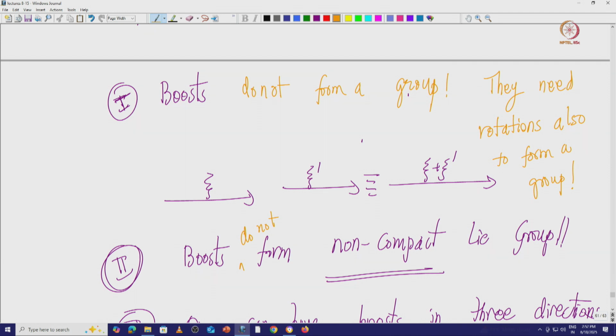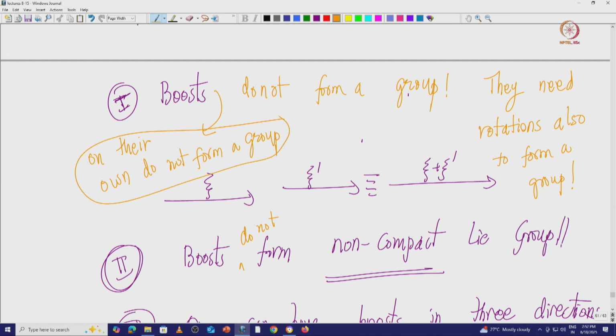It was propagated while teaching because I wanted to introduce boost as a concept. But boosts on their own do not form a group. If you take a group made up of pure boosts only, they don't close into each other, meaning if you put one boost after another boost, you need a rotation to get to that place.